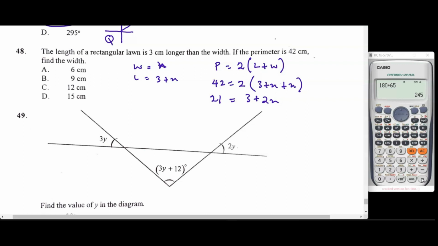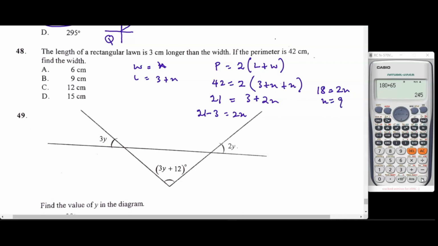Remember, I divided through by 2 so that I'll get 21 here. So the 3 joining it will be 21 minus 3 equal to 2x. Now 21 minus 3, we are left with 18 equal to 2x, and dividing both sides by 2, x will be equal to 9.